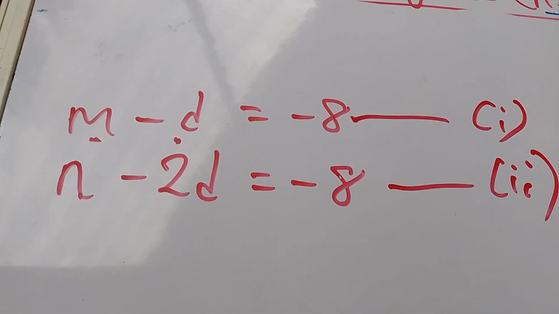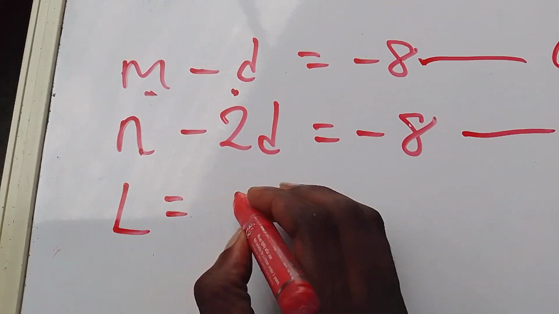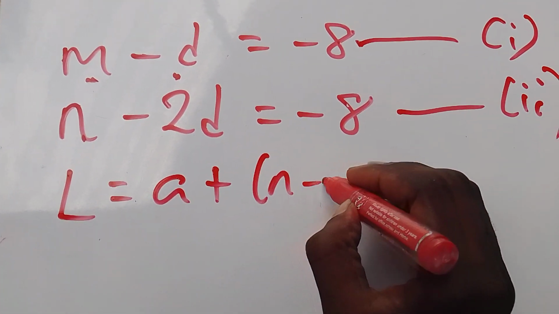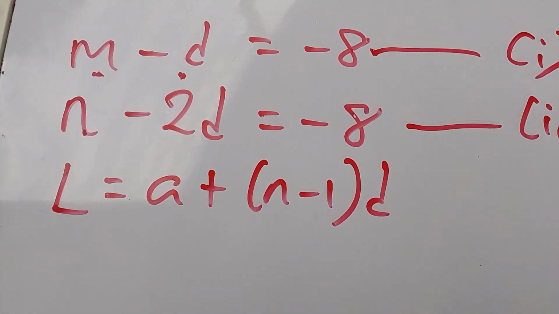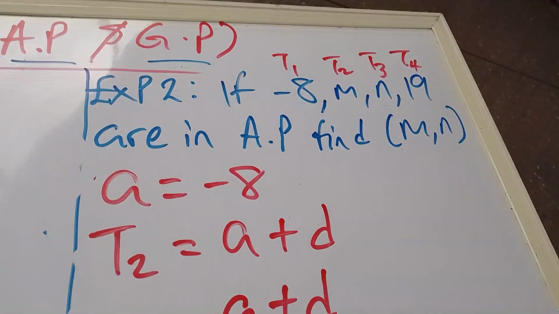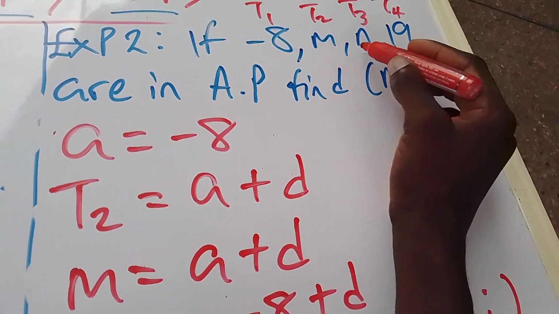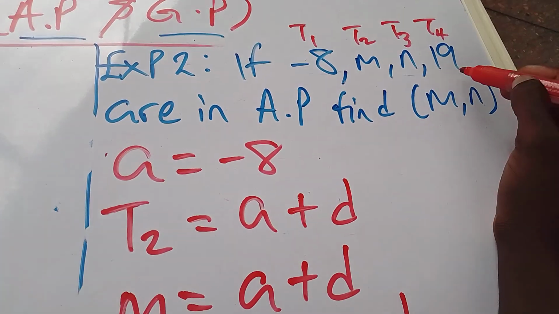Remember, there was a time I gave you the formula: last term is equal to A plus (n minus 1) D. From this, you can find your D, because you already know your last term from the question. The question is minus 8, m, n, 19, so my last term here is 19.